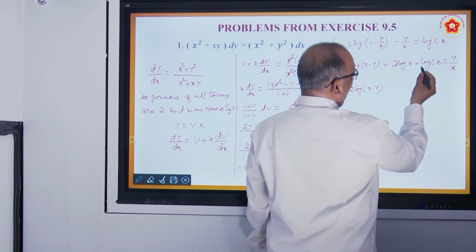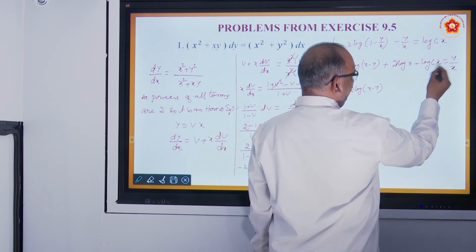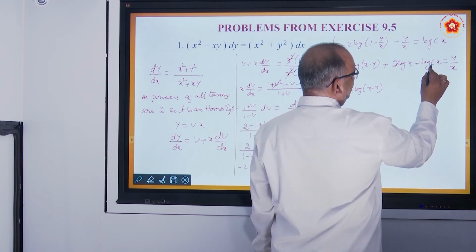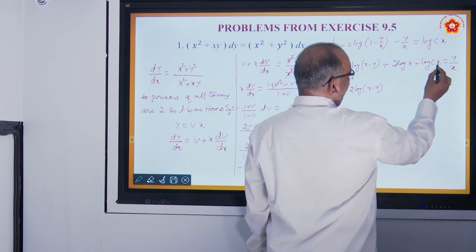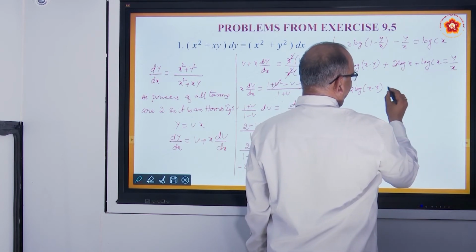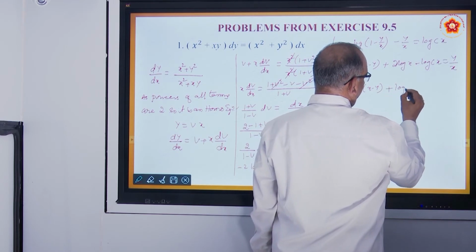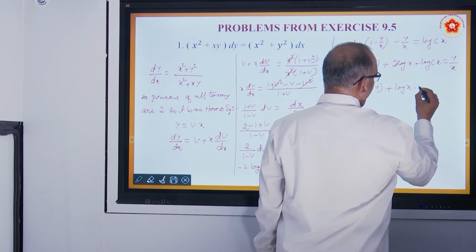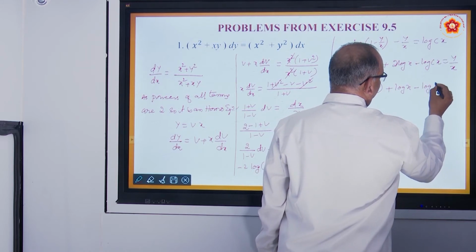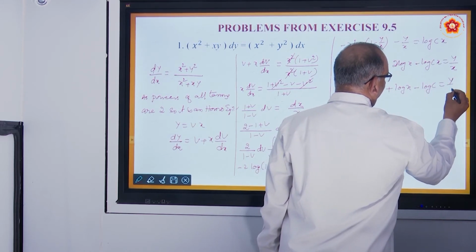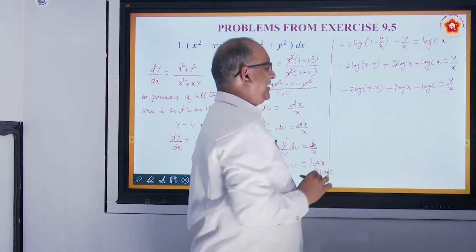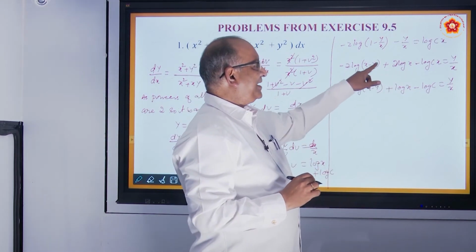In fact, the advantage will be if you separate it as minus log x minus log c, so that minus log x can be clubbed with this. So plus log x minus log c equal to y by x. That doesn't matter actually, this itself can be left as the answer.